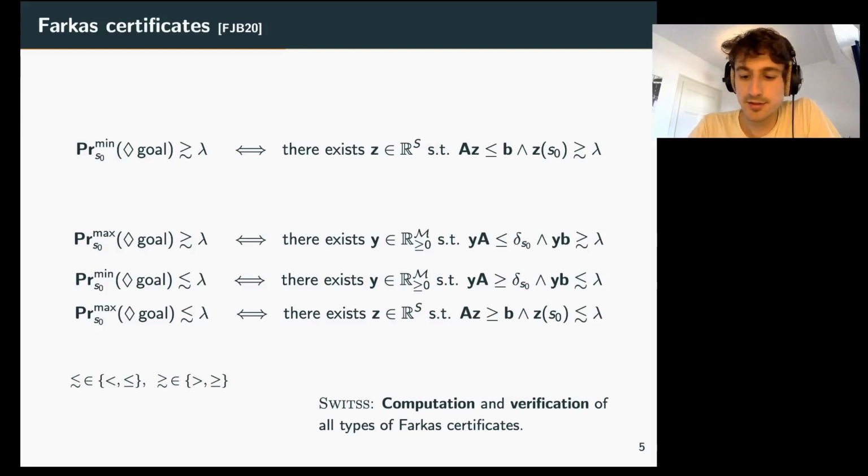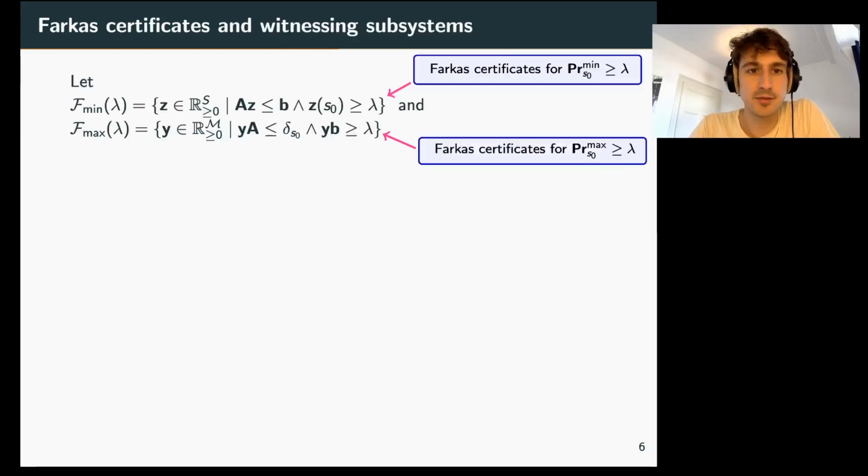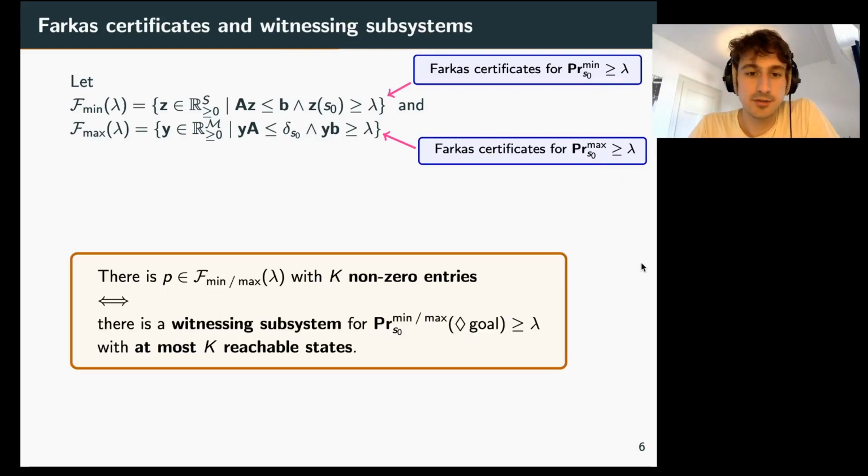Now, what does this have to do with witnessing subsystems? So let us define these sets Fmin and Fmax as the Farkas certificates for the threshold property min greater or equal lambda and respectively max greater or equal lambda. Then we have the following statement.